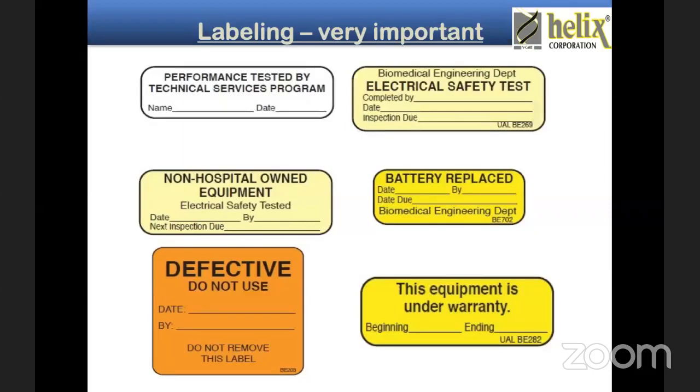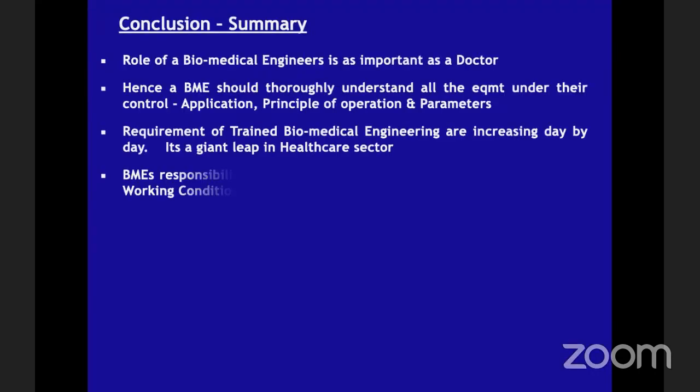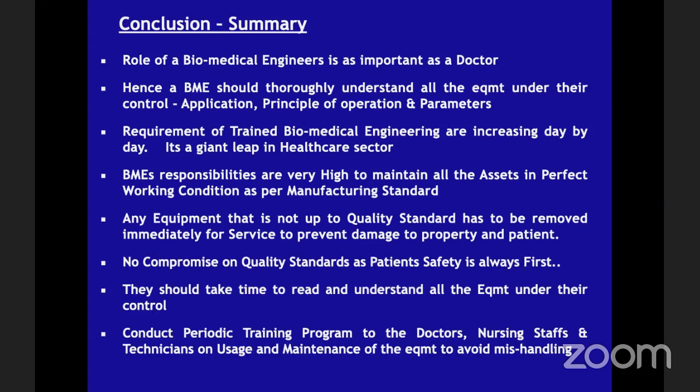The sister will go that side for tea. Some other person will come and you will use a defective machine on a patient. The sticker should be on the front of the ventilator or any equipment. So, conclusion summary: the role of a biomedical engineer, you all will understand, is as important as a doctor.